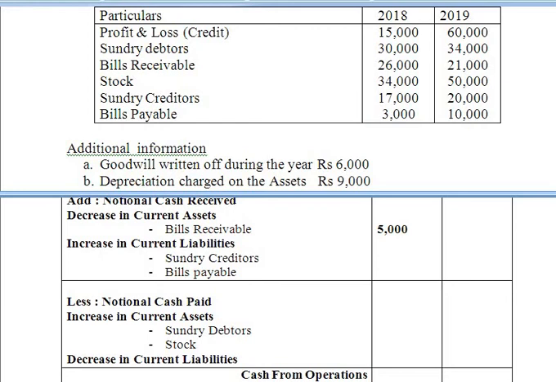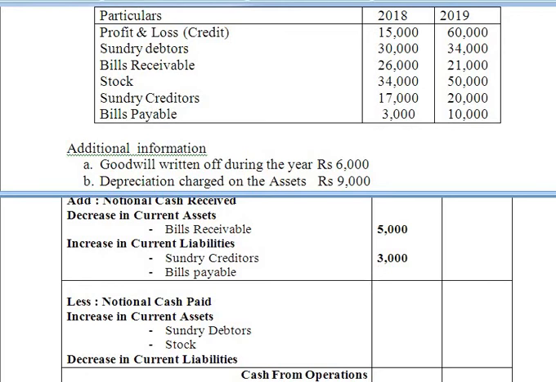Then next we have liabilities. So next line, write increase in liabilities, and check the amount of liabilities. First one is sundry creditors. There is an increase in the amount of sundry creditors. How much increase? 17,000 to 20,000, so there is an increase of rupees 3,000. Next we have bills payable, and there is an increase in the amount of bills payable.